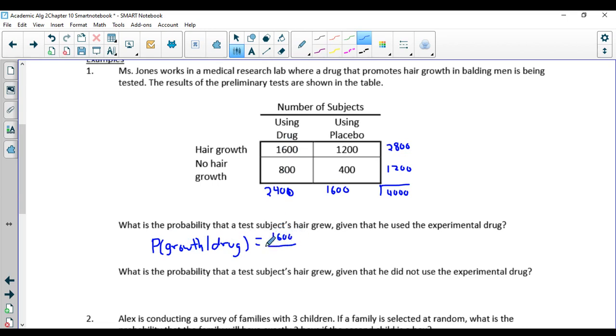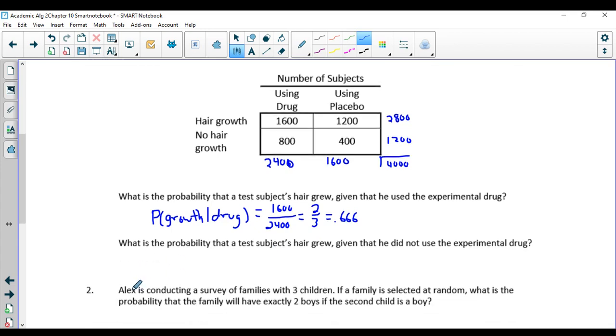Our denominator is just the probability of them using the drug, so 2,400 people used the drug. So we're doing 1,600 out of 2,400, which reduces to 2/3 or 0.666. So 66.6% of the people that took the drug saw their hair grow.